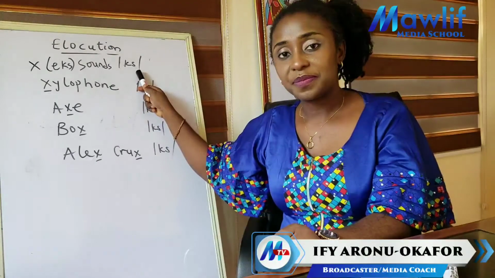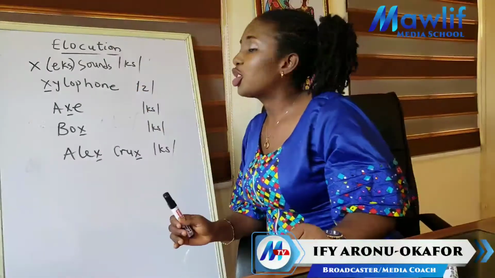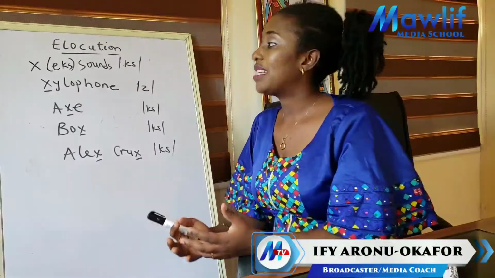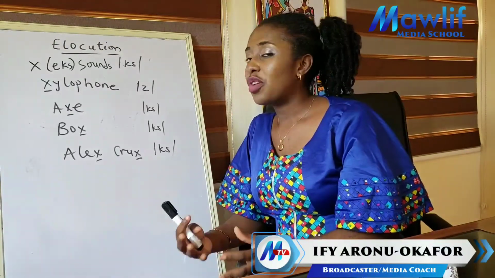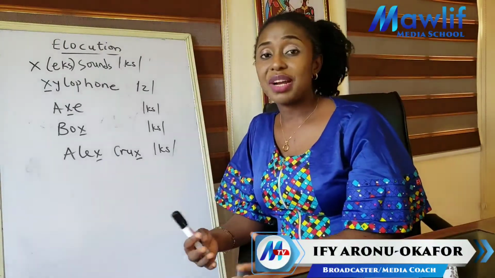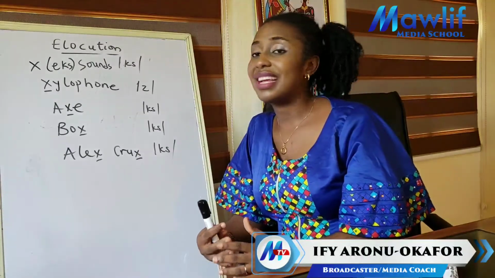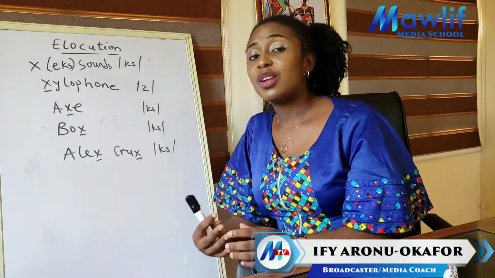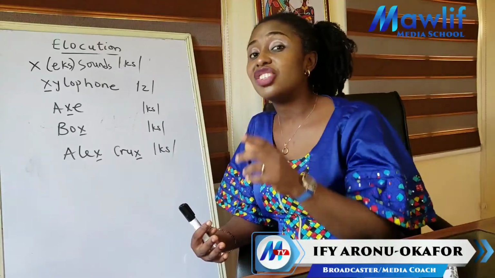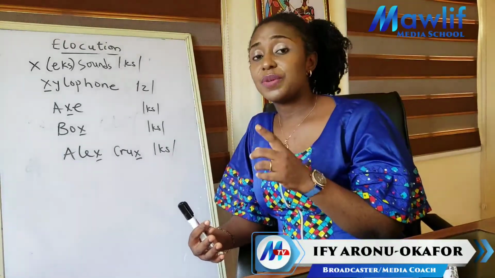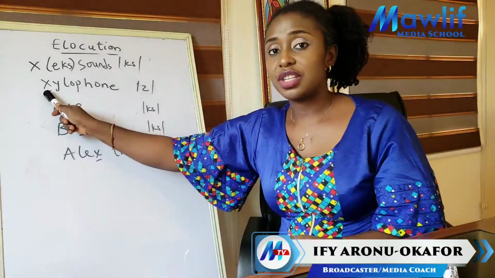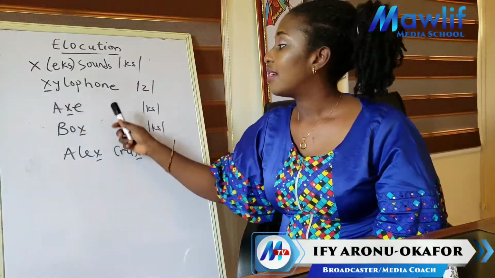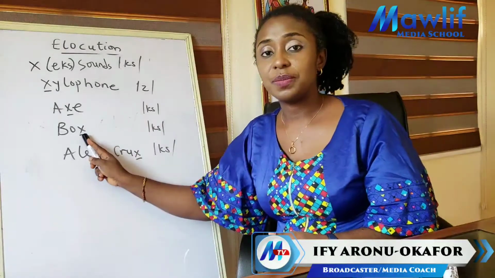Okay, now let us look at typical places where you can find the letter X. It might be surprising to you that we actually have the letter X appearing in lots of words in the initial position. When I say the initial position, that's at the beginning of words. This place, that's the initial position. And then this is the final position.